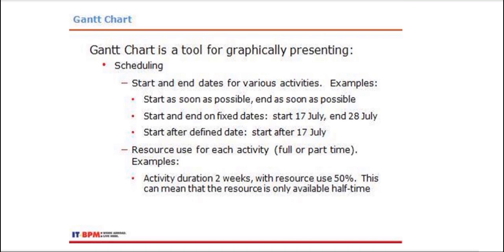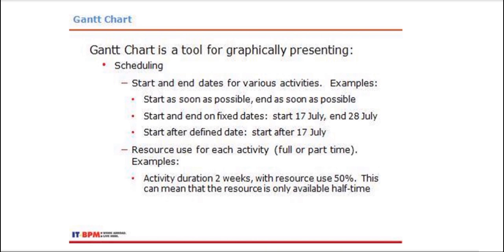After identifying deliverables and subsequent activities, you can use the Gantt chart to establish timelines for each. Scheduling presents the start or beginning and end date of various activities. We have examples here like start as soon as possible and end as soon as possible.